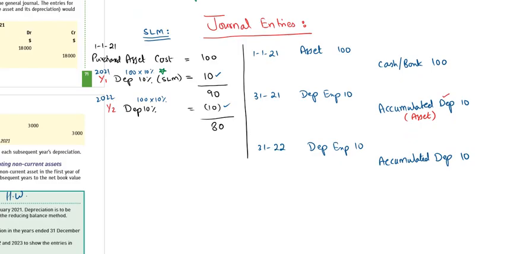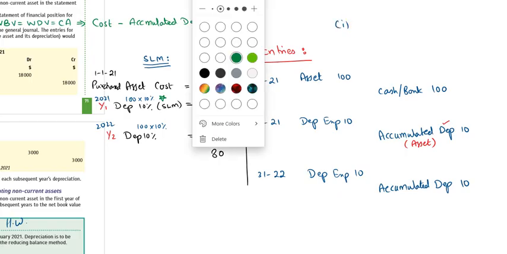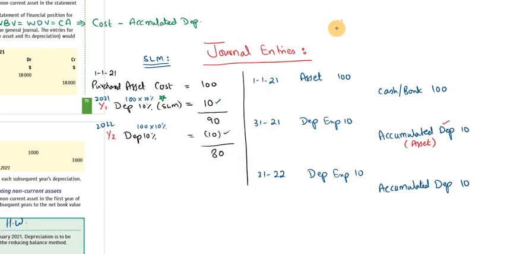In this journal entry, we will record entries of two items. Number one, entries related to purchase of an asset, and the second entry relates to depreciation of an asset.